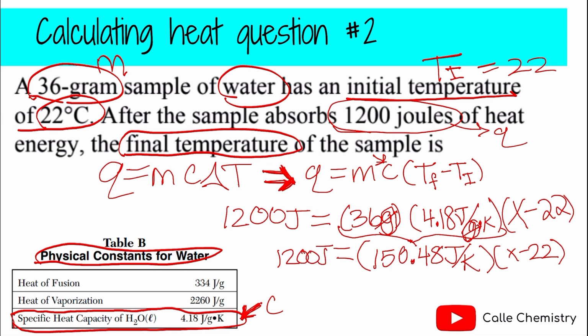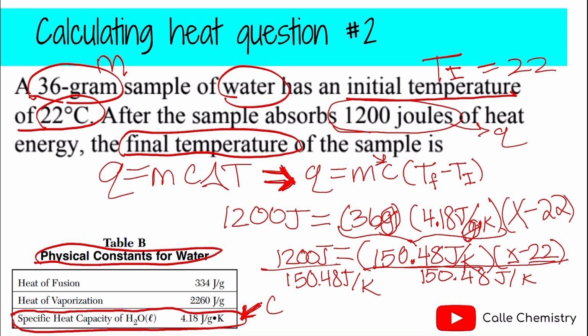Now, two things we could do. Either you factor this number out and multiply it by x, and then also multiply it by 22, or you can divide this number on both sides, and that's what I'm going to do. Let's see, we get 150.48 joules per Kelvin.